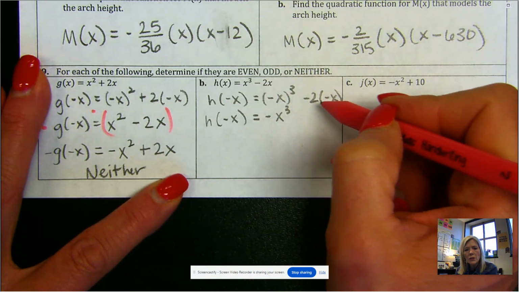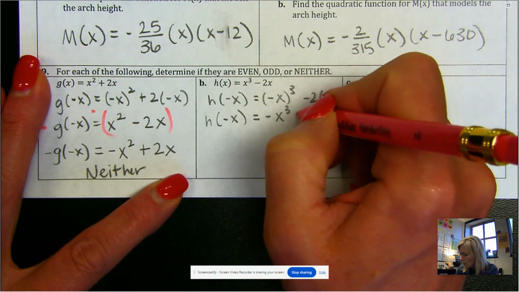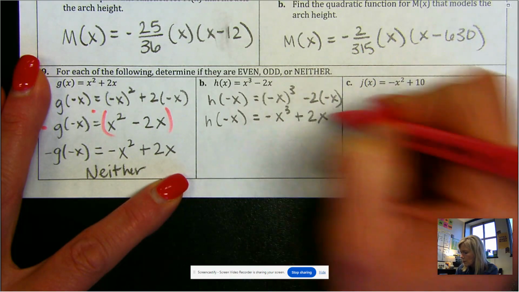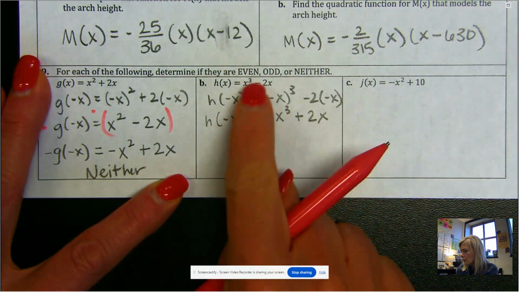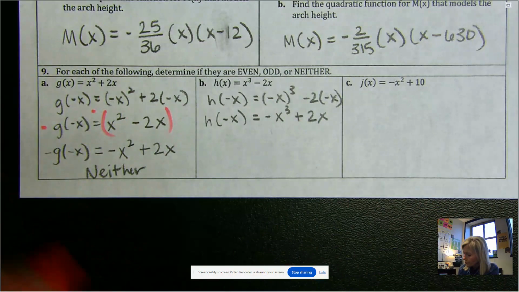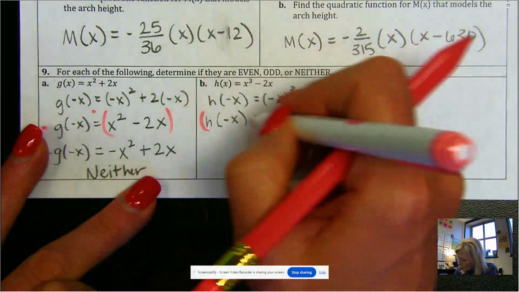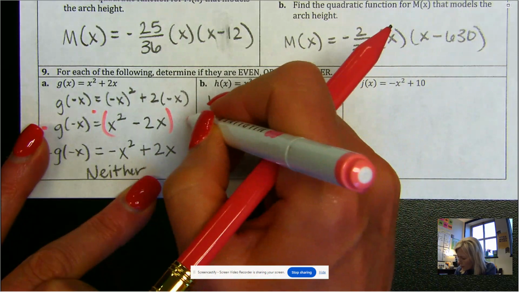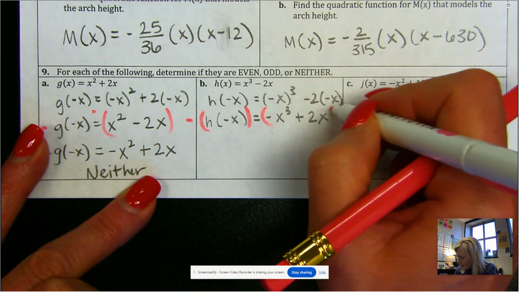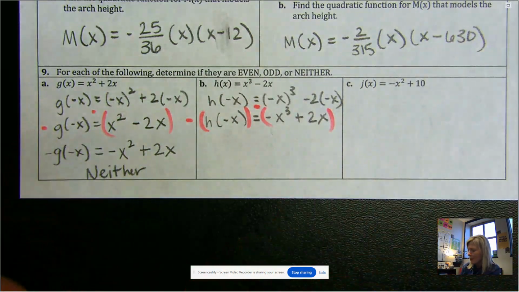And then minus 2 times negative x becomes plus 2x. It's not even because those are not the same. So we check for odd. Oh, I don't know why I did those parentheses. It doesn't change anything, but they didn't need to be there.